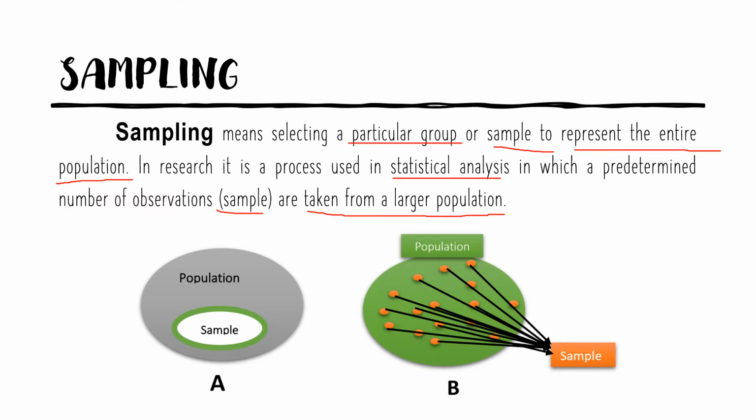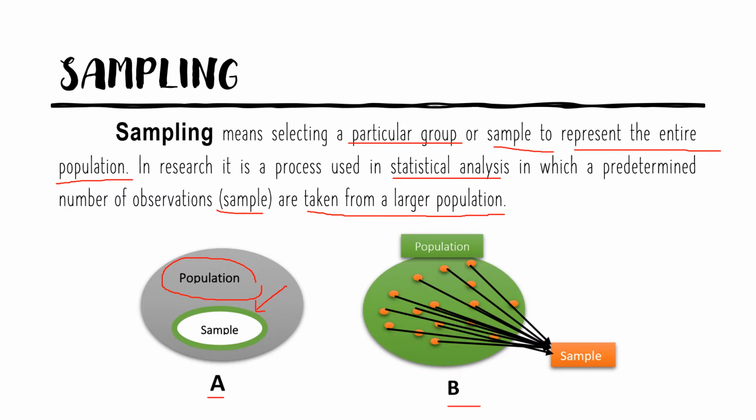As you can see in your figures A and B, there is a population here. Under your population, there is what we call a sample. Same thing with your population in figure B. Under your population, there is a sample.